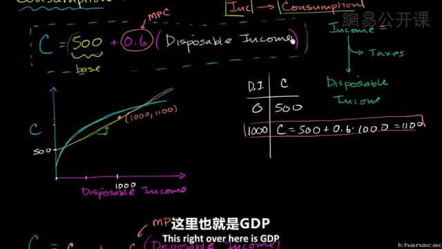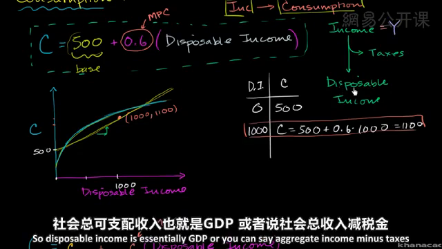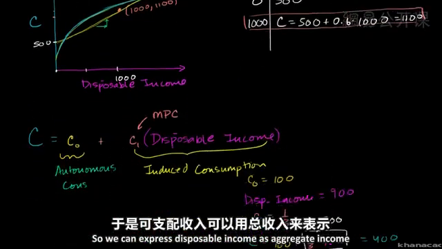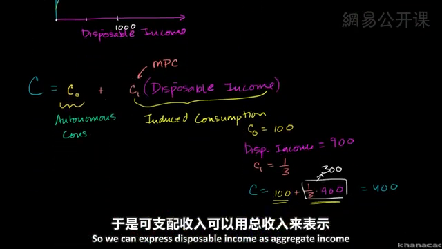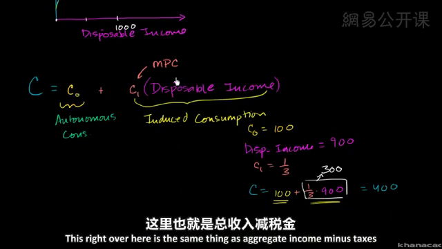So this is equal to GDP. So disposable income is essentially GDP, or you could say aggregate income, minus taxes. So we can express disposable income as aggregate income minus taxes.